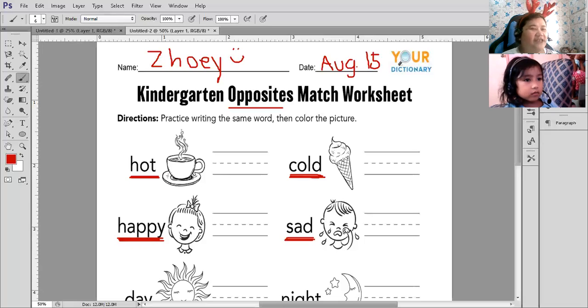Yes. Example, malamig. Ano yung kabaliktaran ng malamig? Mainit. Di ba? Ano sa English ang malamig? Cold. Very good. Ano yung English ng mainit? Hot. Very good. So, what is the opposite of hot?